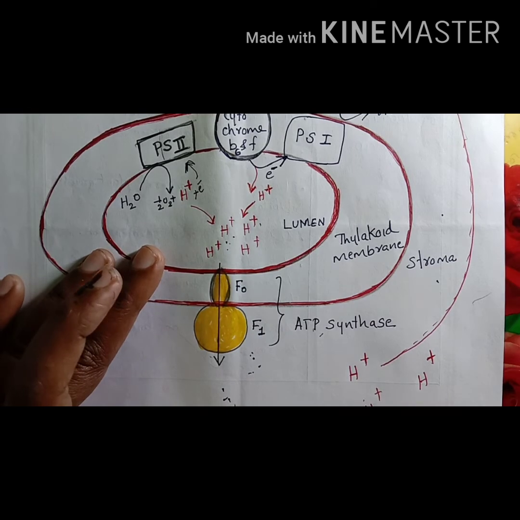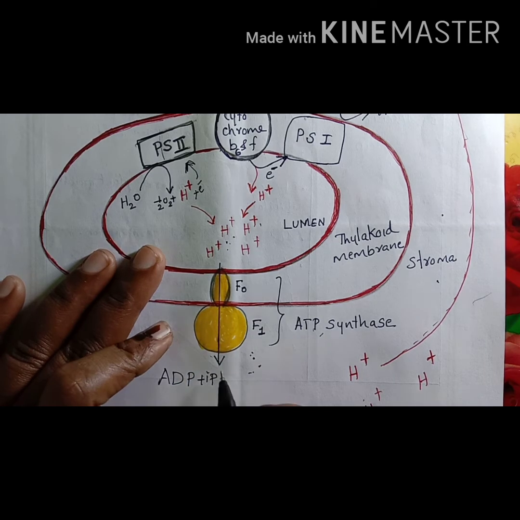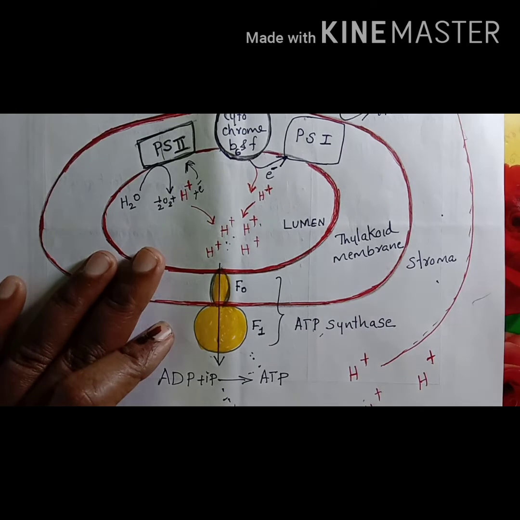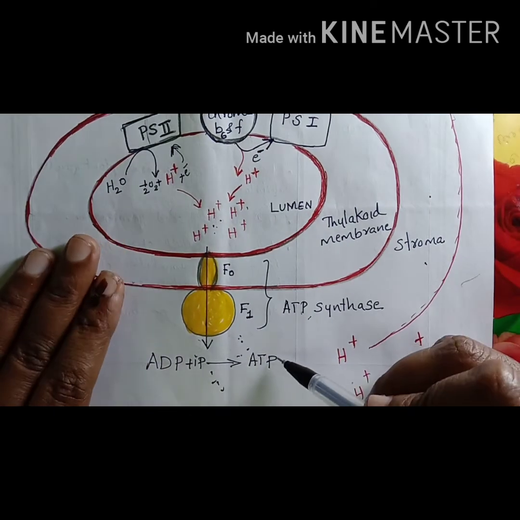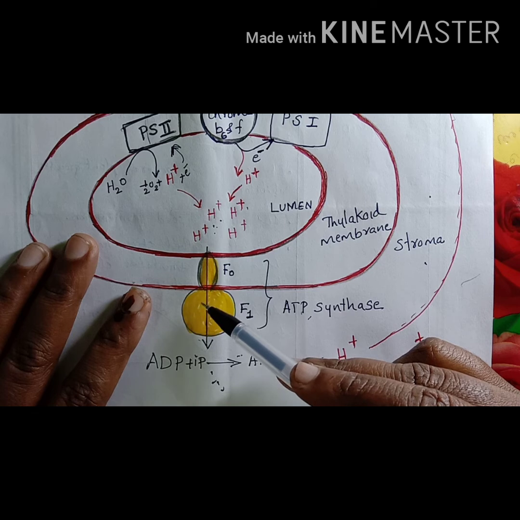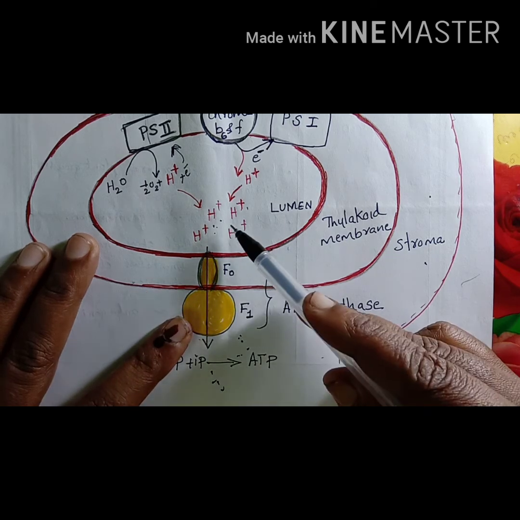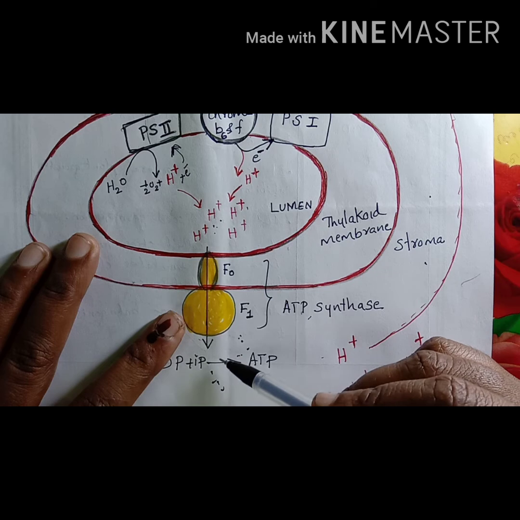With the help of this energy, ADP will combine with inorganic phosphate to become ATP, and that is accelerated with the help of this enzyme. And this enzyme is getting energy from where? By the breakdown of the proton gradient.